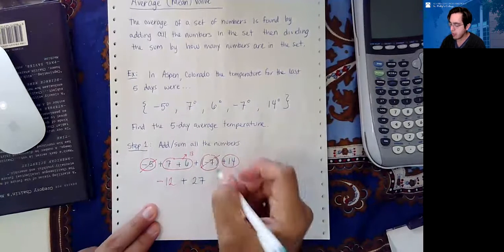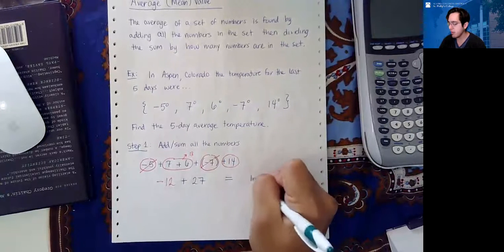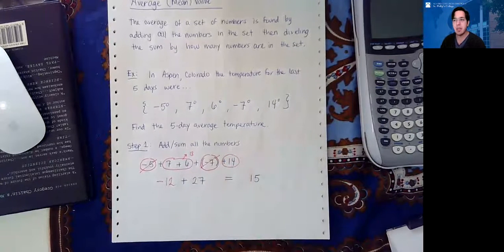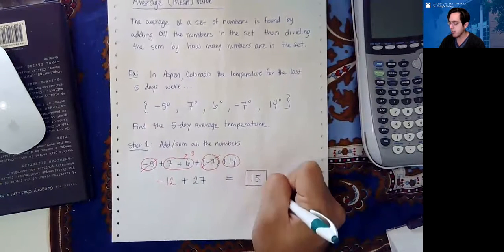Okay, well, then we're adding our positive and negative, so we can think about that as: take the larger number, which is the 27, subtract the 12. That gives us 15. We keep the sign of the larger, which is positive, so this stays at positive 15. This is our sum.